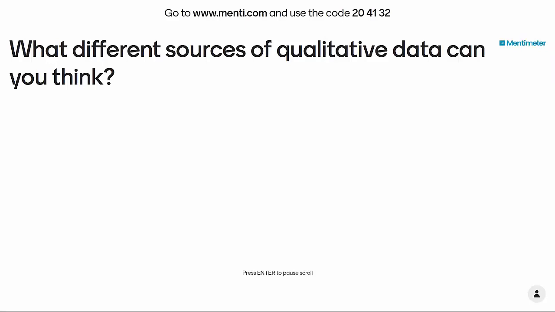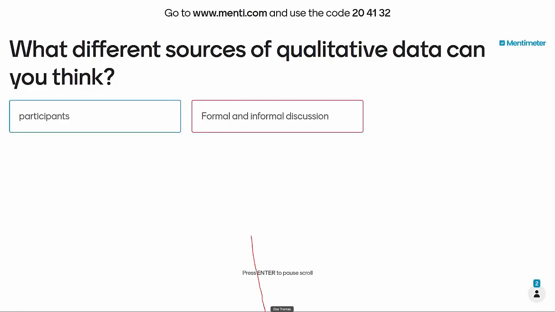Where can you get the qualitative data from? I know some people have joined fairly newly. So in case you're not sure what to do, just go to this website called menti.com. And if you put this particular code in, you should be able to answer this question.